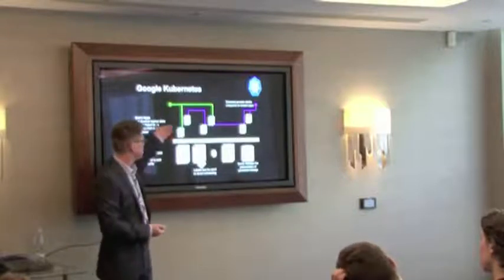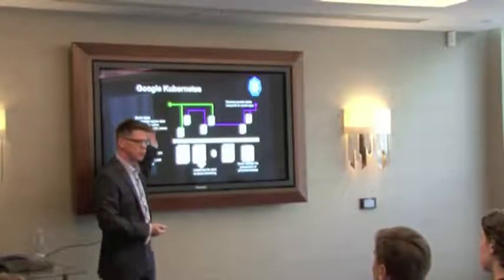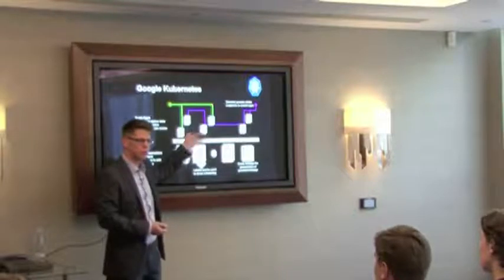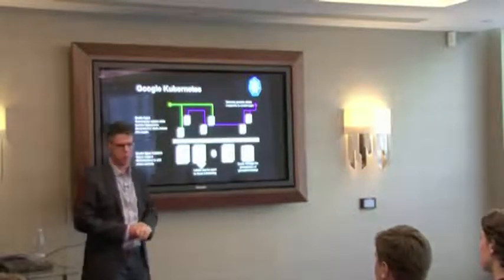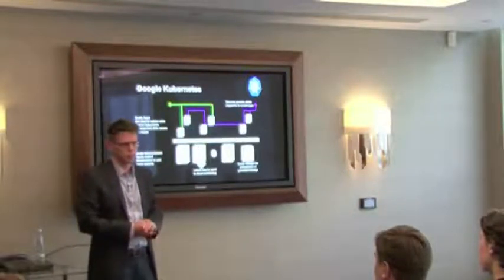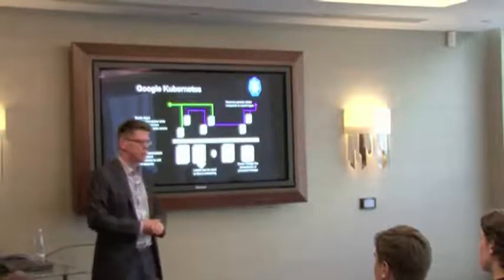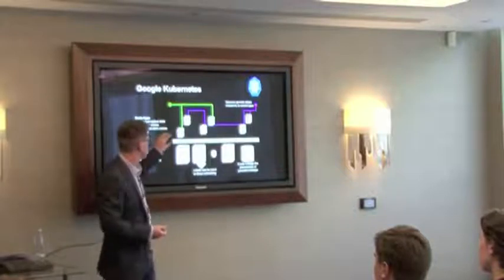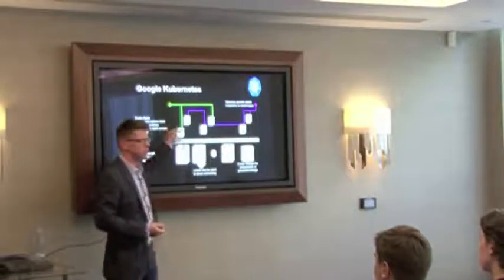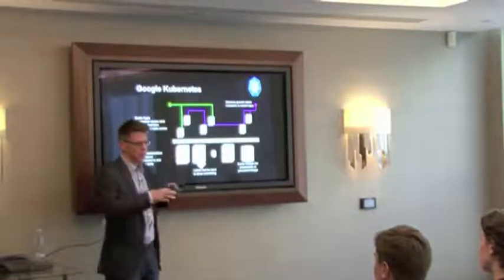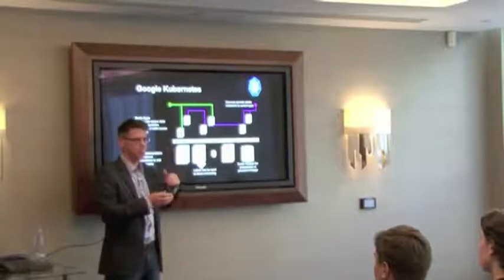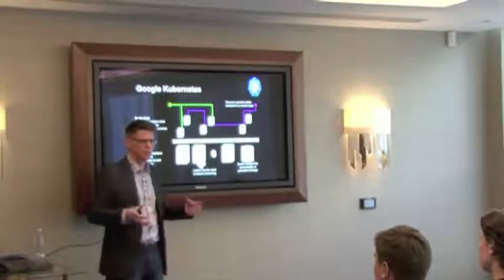It abstracts the networking, so it will plug in with a software-defined network. I think out of the box they're using Open vSwitch and VXLANs to do that, so that when you're running a container, those containers are encapsulated and they actually have their own IP address on that software-defined network.